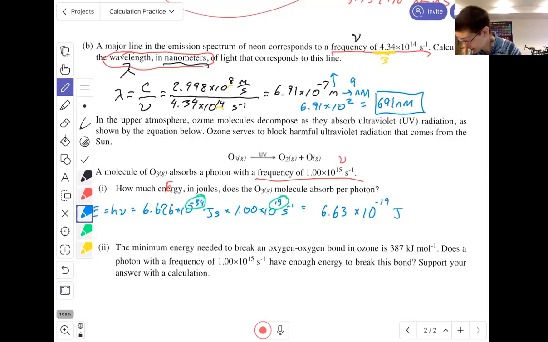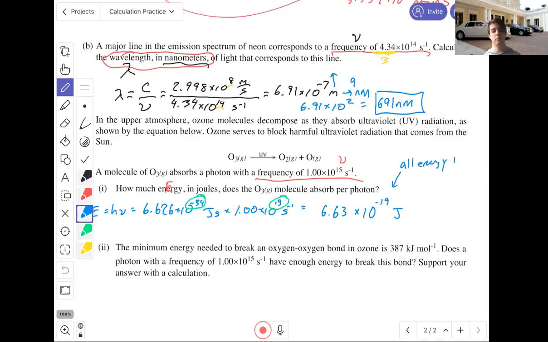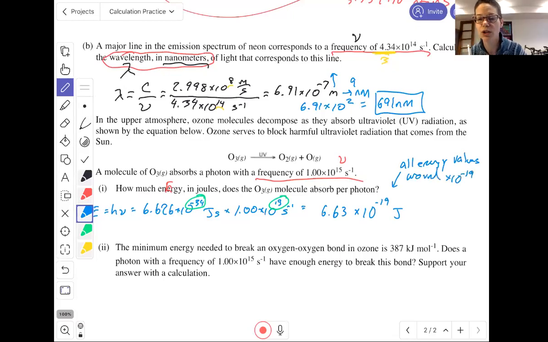So the other thing to remember is that all of your joules are going to be around this, right? For what we are doing, all of our energy values are around times 10 to the -19. That is a good mental check to know you set up the problem correctly. So that's how much energy we're talking about.